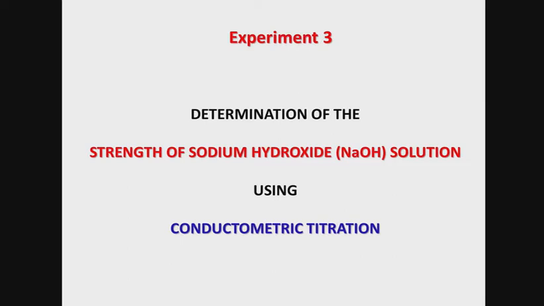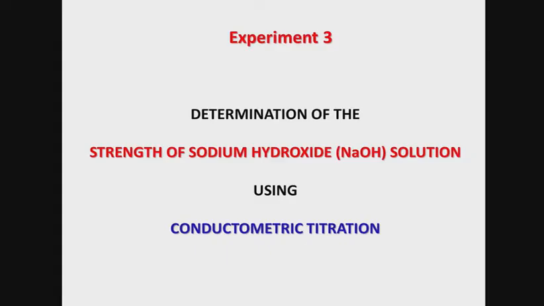The oxalic acid solution is a primary standard, and therefore, its concentration can be determined very accurately. And the method of titration that we use is the conductometric titration. So, let us go and have a look at exactly what you are going to do in this particular experiment.